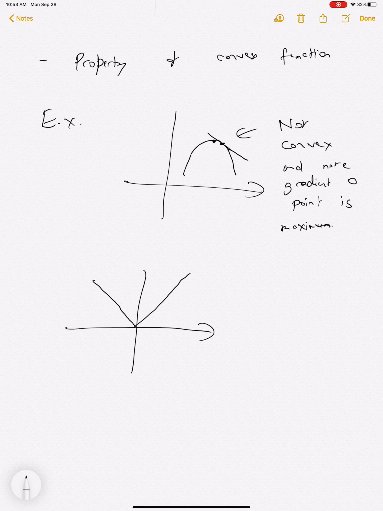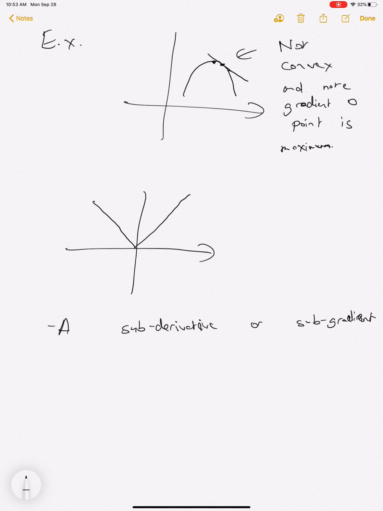A subgradient is a line at each point that is below the function, and this always exists for convex functions.